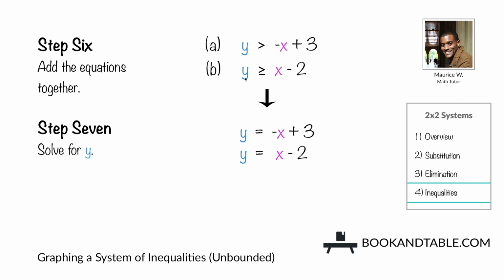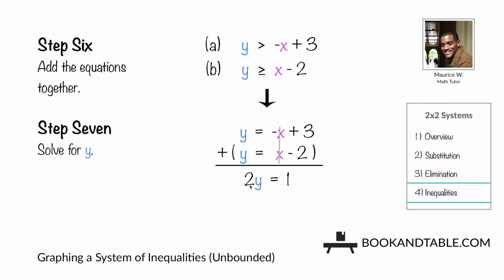And inequality B becomes equation B, y is equal to x minus 2. If we add the two equations together, we're able to eliminate our x and to find the y value for this vertex where the two lines intersect, giving us y plus y, which is equal to 2y. -x plus x cancel each other out. And 3 plus -2 is equal to 3 minus 2, which is 1.